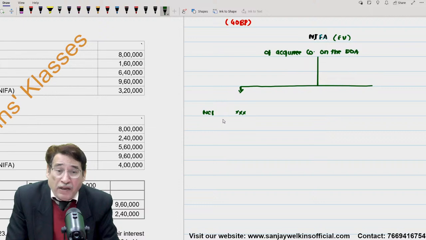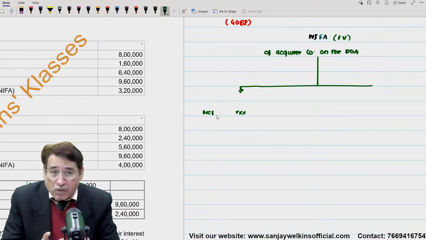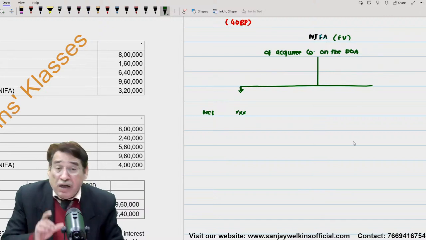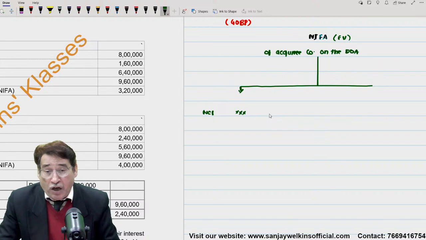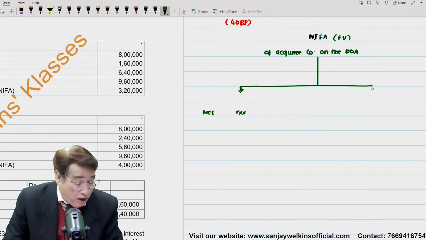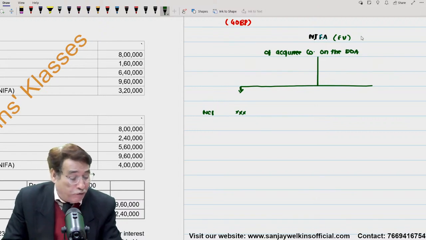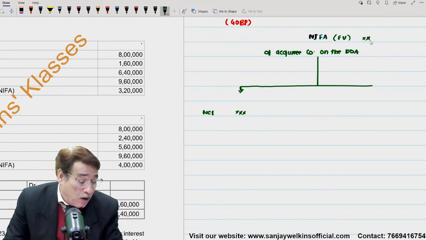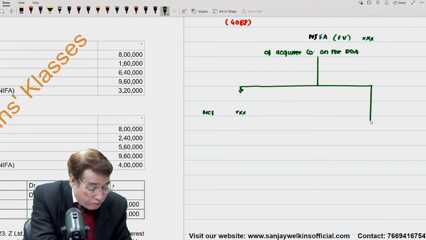Once you have the NCI value, remember one thing, never ever commit the mistake of computing acquirer share directly, otherwise it could land you in trouble. Is it clear to you? Once you have the NCI value, then you deduct this value from the NIFA. And then you find the remaining net asset as acquirer share.